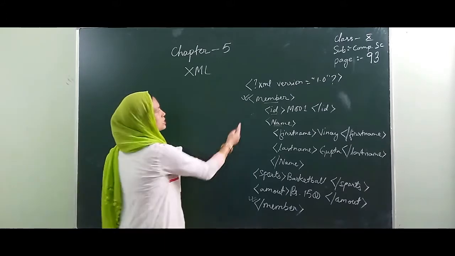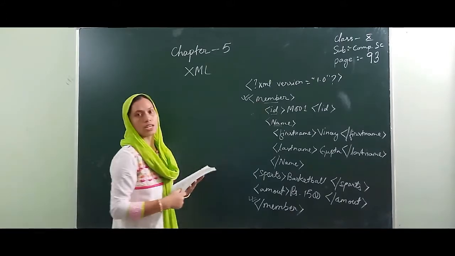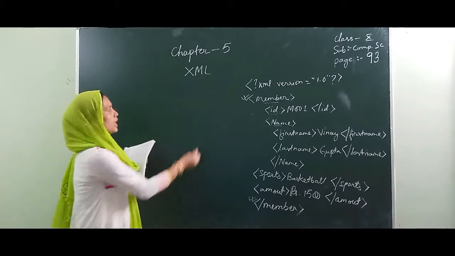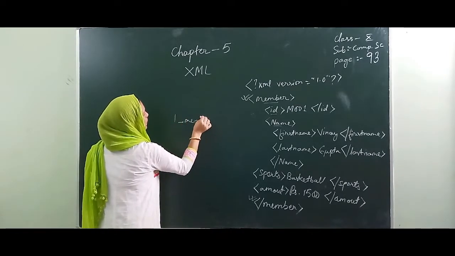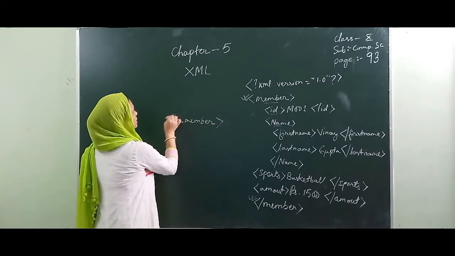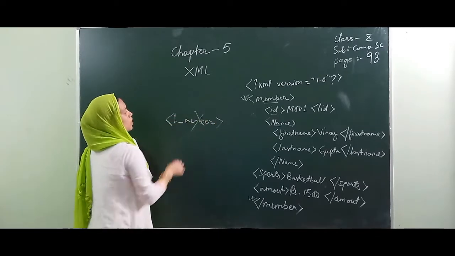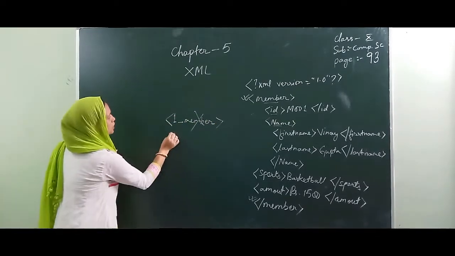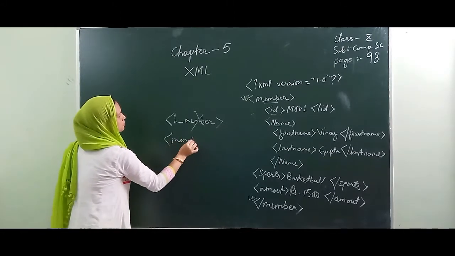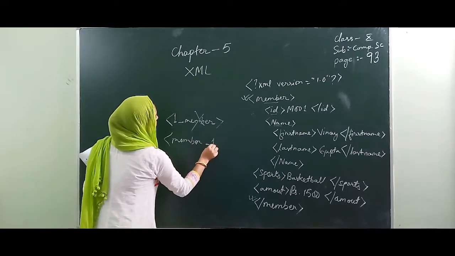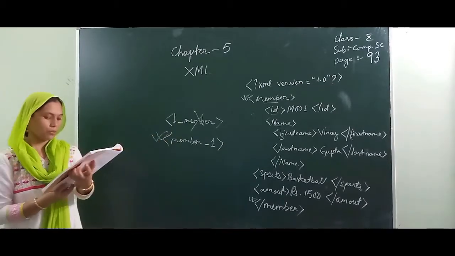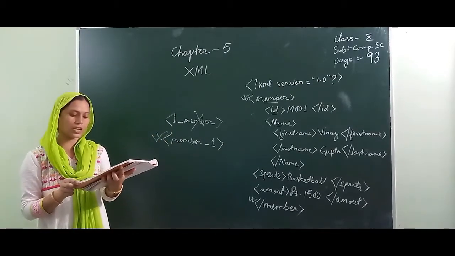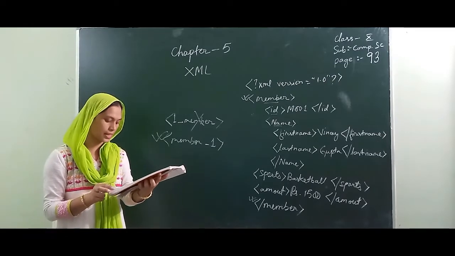When you start this name, you cannot start a name with a number. Like 1member, this element name is wrong. Instead of this, we can use member1. This is correct. So in this manner, we cannot start a name with a number or punctuation character.